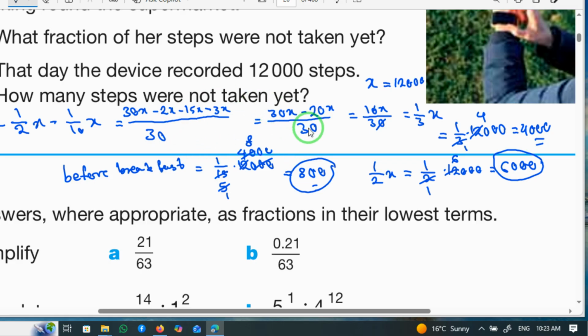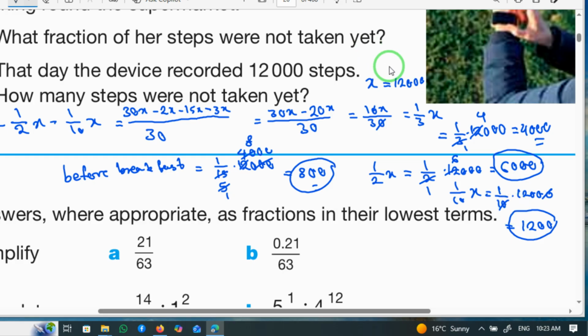And also we can calculate the number of steps around the supermarket. Here we have 1 over 10 x. We substitute x: 1 over 10 multiplied by 12,000. We simplify the 0 by 0. The answer is 1,200 steps were taken around the supermarket.